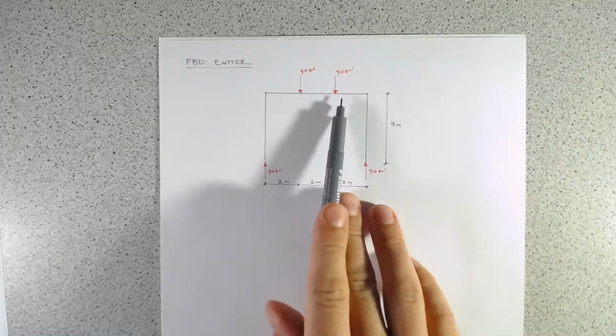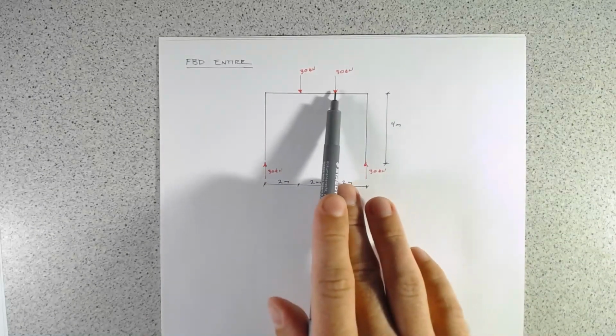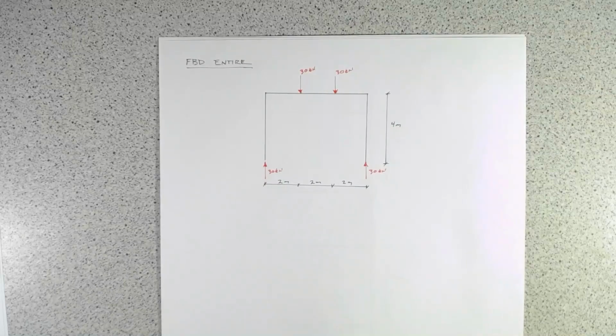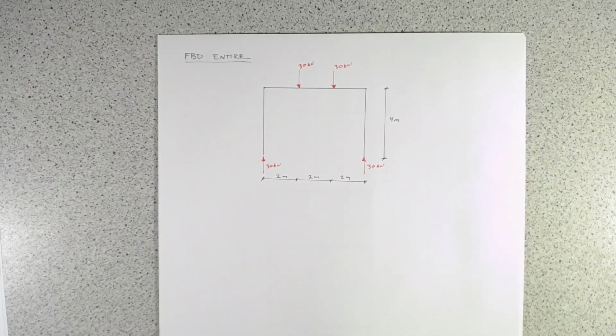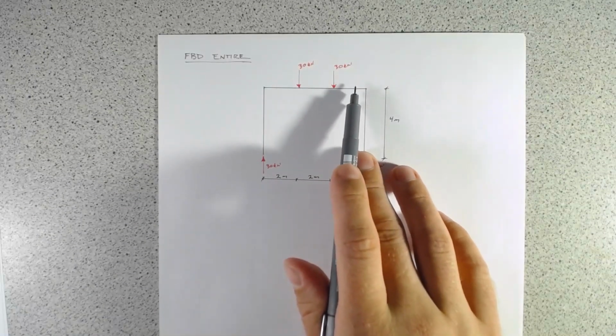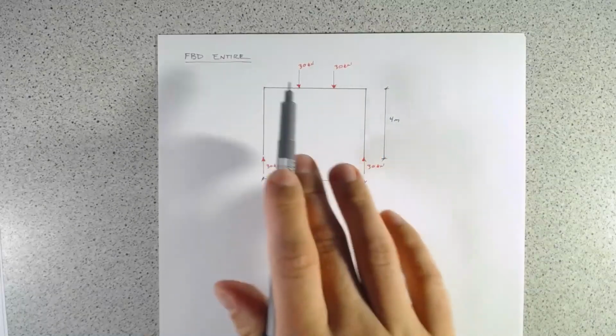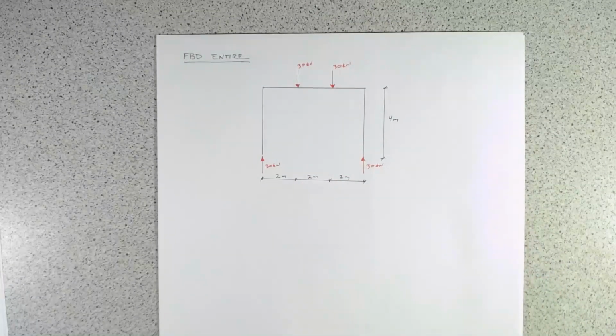As these forces go around a corner here, we just need to do this bookkeeping exercise to make sure that if we have a force or a moment acting on one portion, it's acting with an equal magnitude in the opposite direction on the adjacent portion. So we need to draw some free body diagrams in order to understand this structure further.